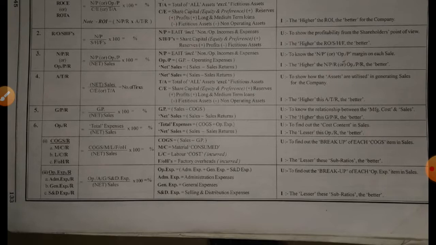If it is gross profit ratio, gross profit will be your numerator. In case of operating ratio, we take total expenses. In case of operating profit ratio, we take operating profit as numerator. And for cost of goods sold, material consumed, or labor cost, in all the other ratios the numerator will change and the denominator will be the same. So this is how we should remember the formula. Tip for remembering the formula.